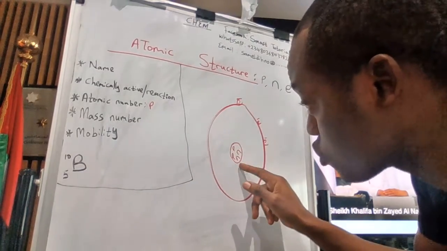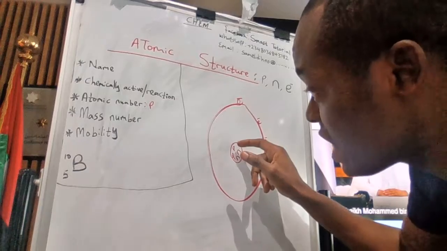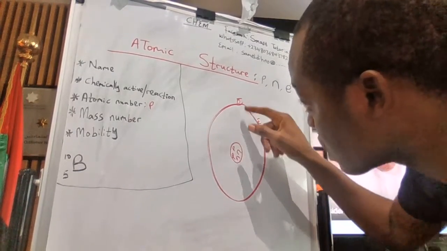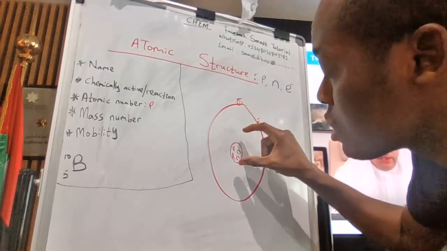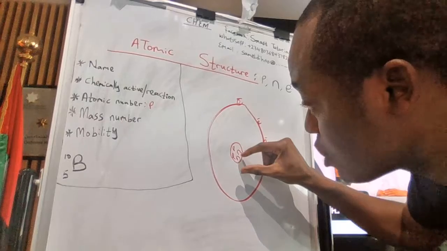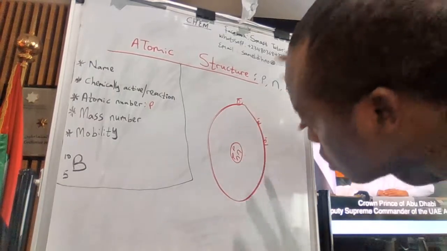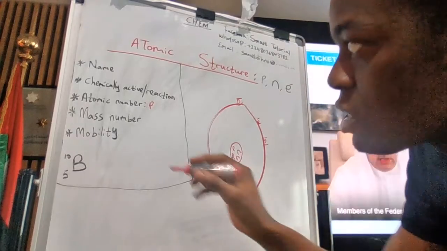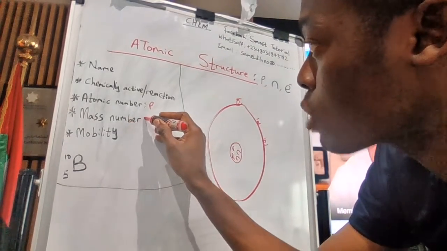The proton and the neutron, they have weight. They are heavier. The proton is heavier than the electron, and the neutron is heavier than the electron. So it's the addition of the weight of the proton and the weight of the neutron that gives the weight of an atom or of an element. That is, the mass number talks about what?